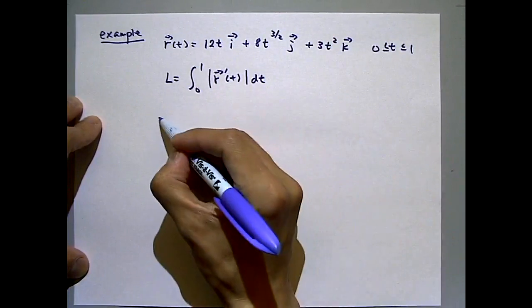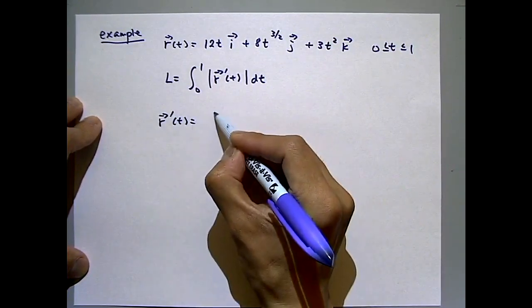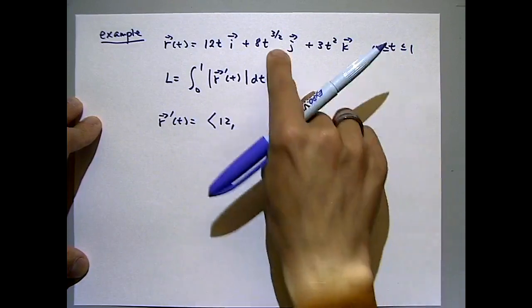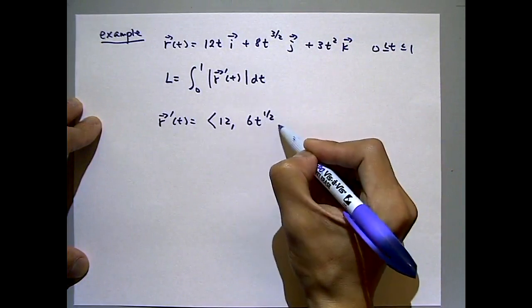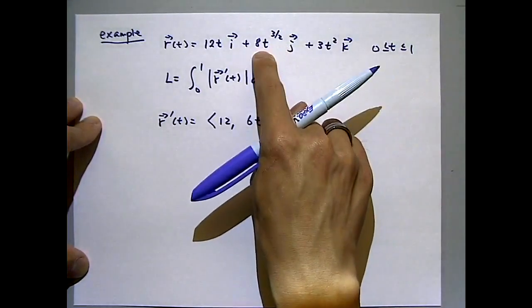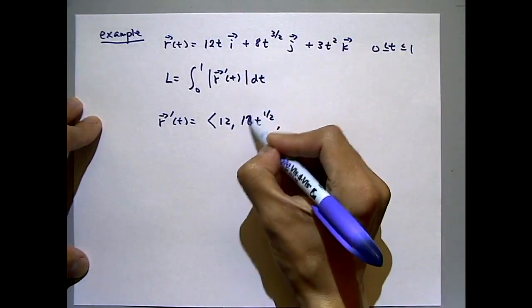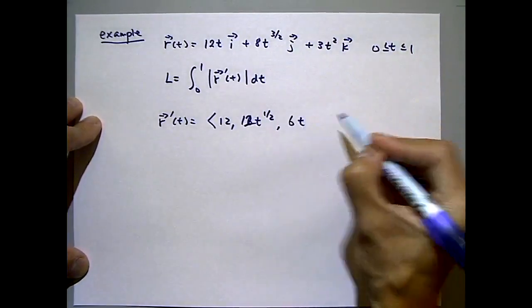All right, so r prime, that's 12. That's 6, is that right? 6t to the 1/2. No, 12. Right? 3 over 2 times 8, that's 12, right? 12. This is 6t.